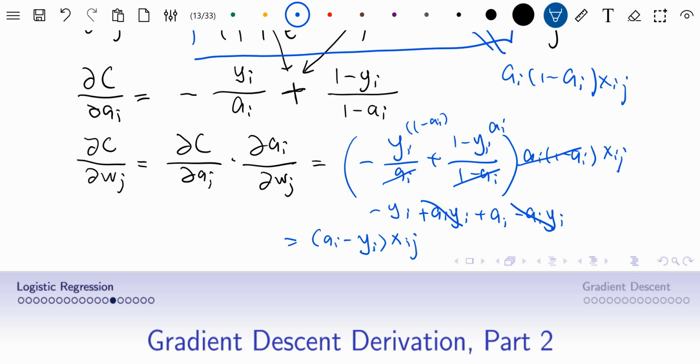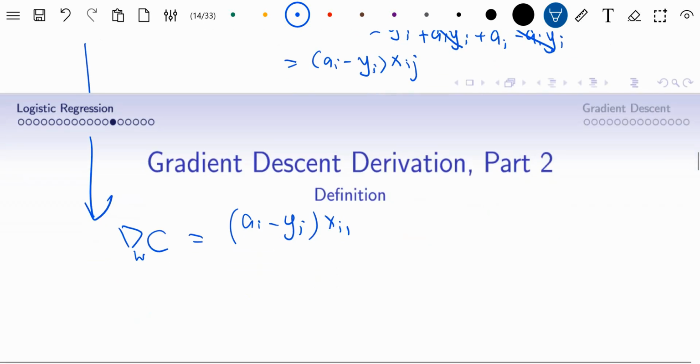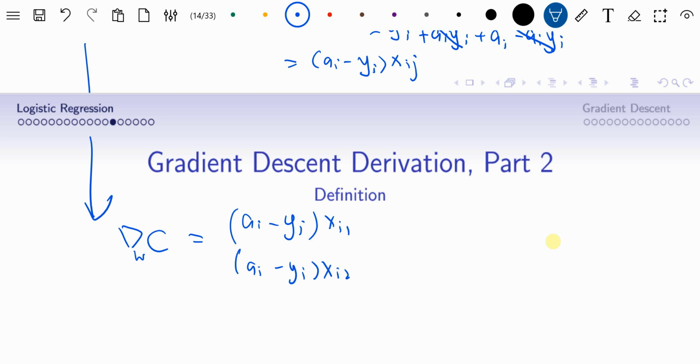So now we have this partial derivative, then the gradient should be just combining these with respect to w, which will be just a vector like that: ai minus yi times xi1, xi2, xi3, and so on.